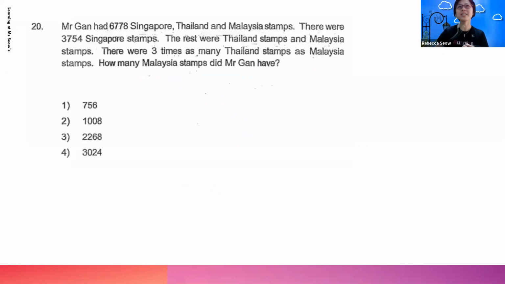So the next question is question 20. This is about stamps. I'll give you a minute or two to take a look and work through this, and we'll discuss the answer after that.